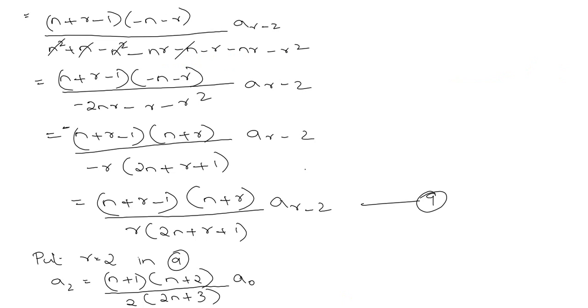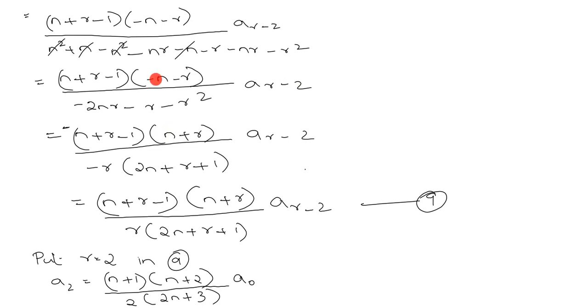Cancelling all the terms, we can write n plus r minus 1 into minus n minus r minus nr, which is minus 2nr, minus r square, into ar minus 2.